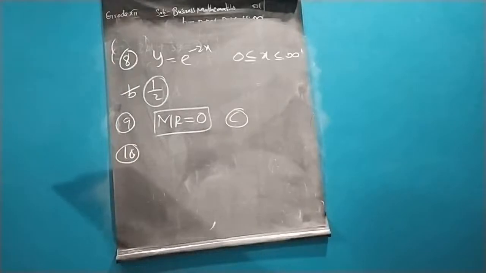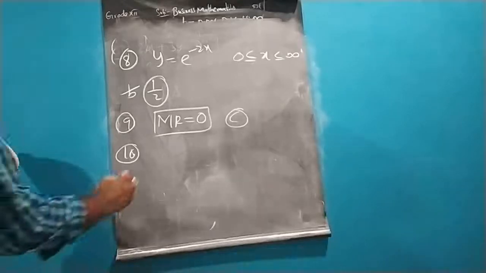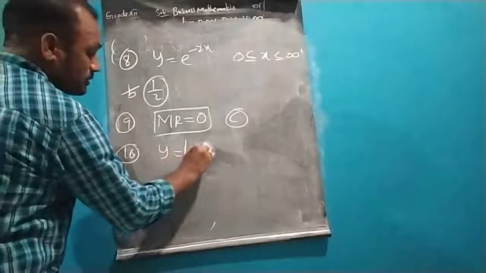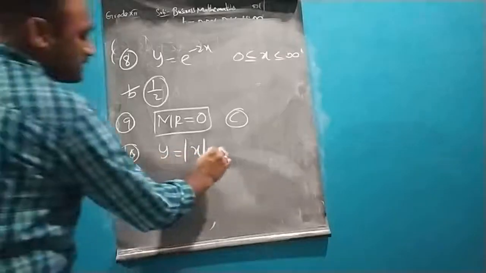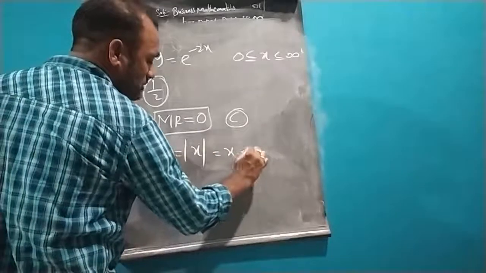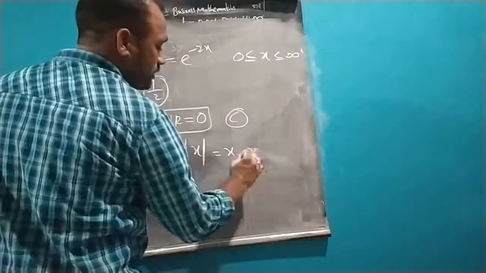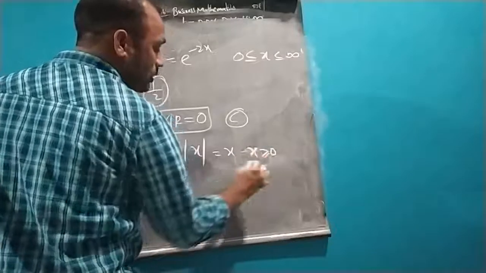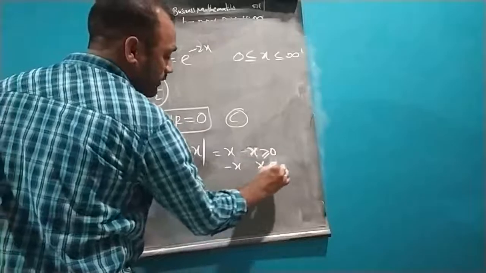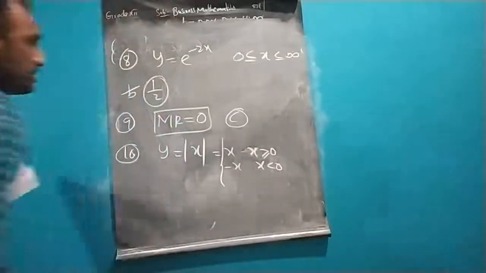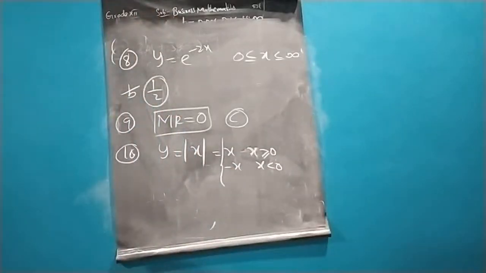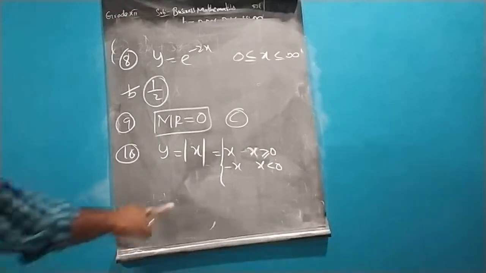So 10th question. Area bounded by y is equal to mod x. Mod x indicates that there will be plus x as well as minus x. Plus x will be there for x greater than or equal to 0, and minus x will be there for x less than 0. So this is the condition for mod x. You are asking for limits between 0 and 2.